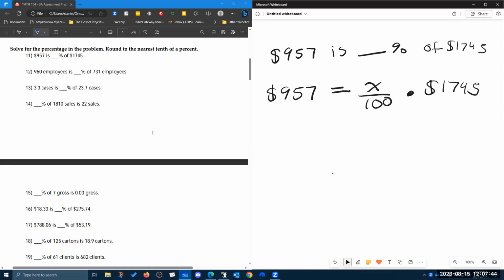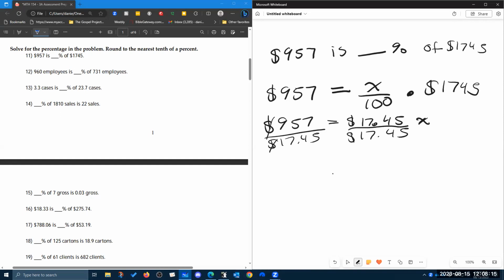So to solve for X here, let's simplify that right-hand side, like so, so that I can divide by 100 on the right. And now I'm going to divide both sides by 1745.